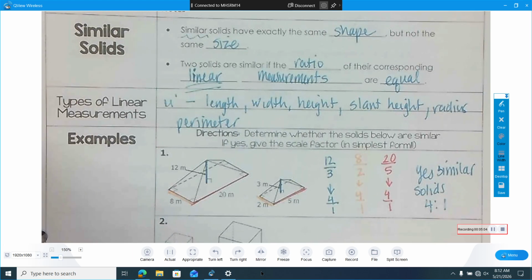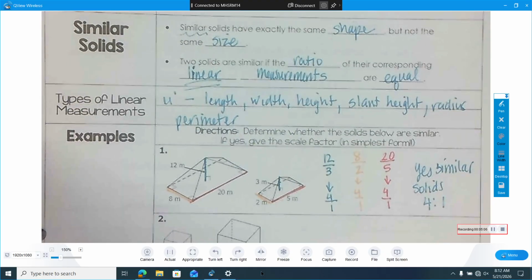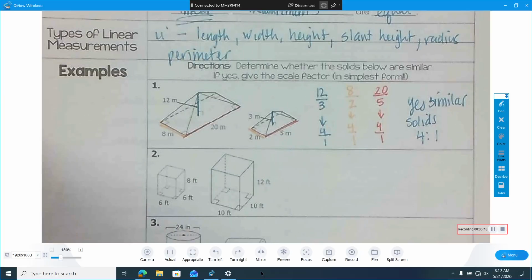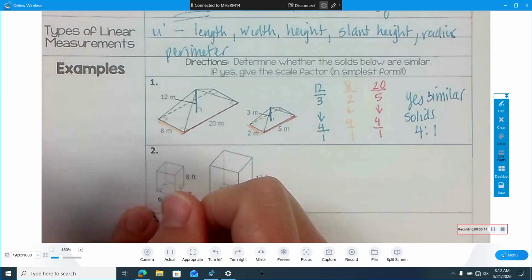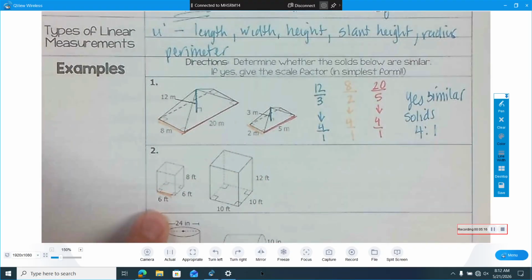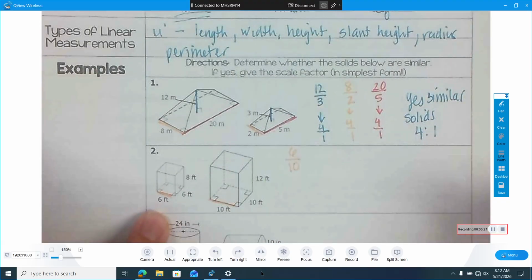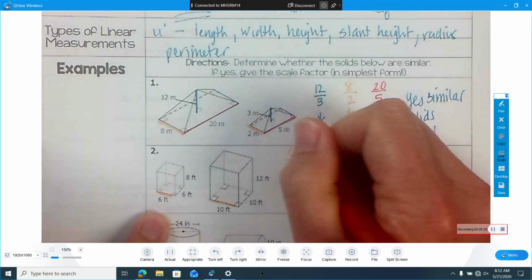Let's look at number 2. Again, we want to compare corresponding sides. What does 6 compare with? 10. So that's 6 over 10. How do we clean that up? Divide by 2.